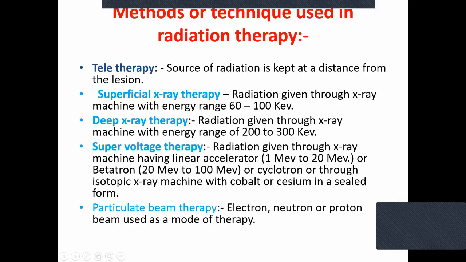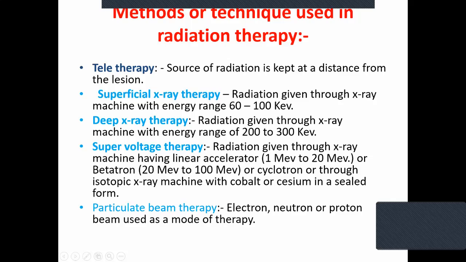One is superficial X-ray therapy. This division is based on the energy of the radiation that is used for the destruction of the tumor. For superficial X-ray therapy, the energy of the ionizing radiation is 60 to 100 kilo electron volt.